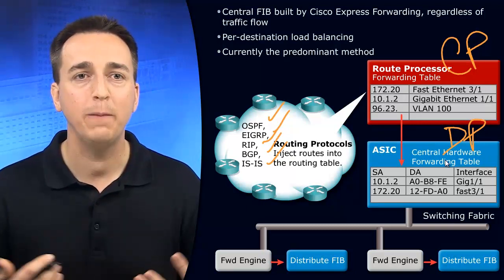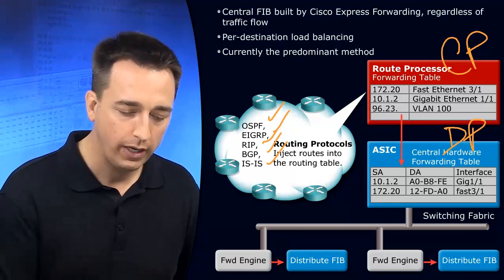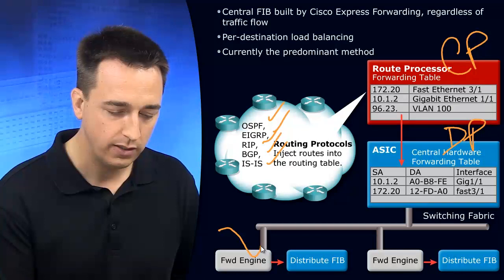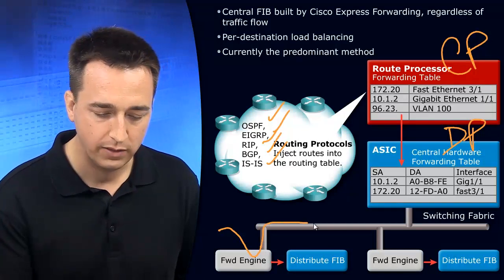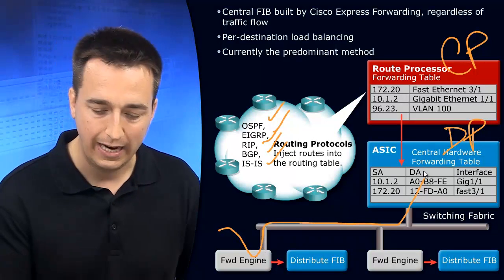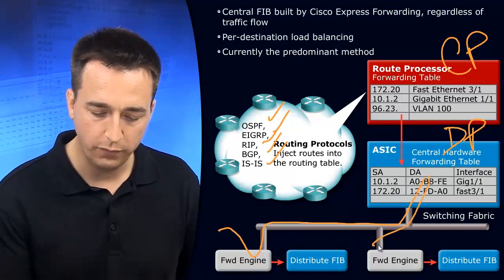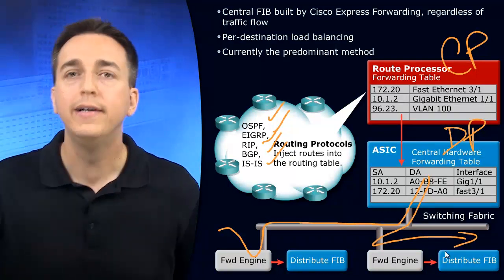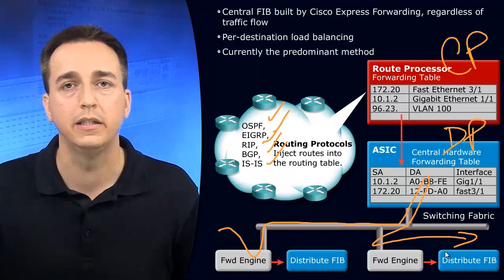And since it's pre-populated, forwarding is much more efficient, or switching is much more efficient, because a packet arrives, it gets sent to the tables that are inside the data plane, and then it's forwarded out the correct interface. At no time do we have to access the control plane unless there's information missing.